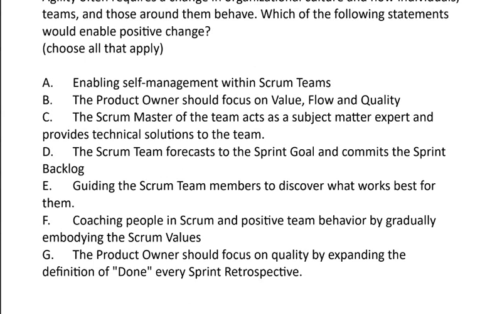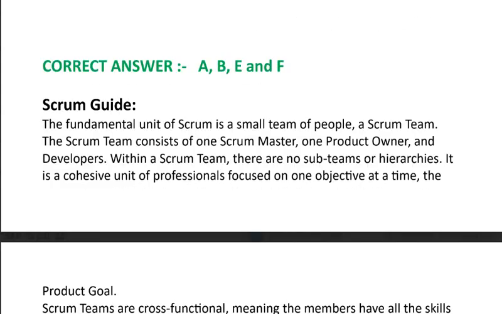Option D, the Scrum team forecasts to the sprint goal and commits the sprint backlog. Option E, guiding the Scrum team members to discover what works best for them. Option F, coaching people in Scrum and positive team behavior by gradually embodying the Scrum values. Option G, the product owner should focus on quality by expanding the definition of done every sprint retrospective. Correct answer is option A, B, E, and option F.